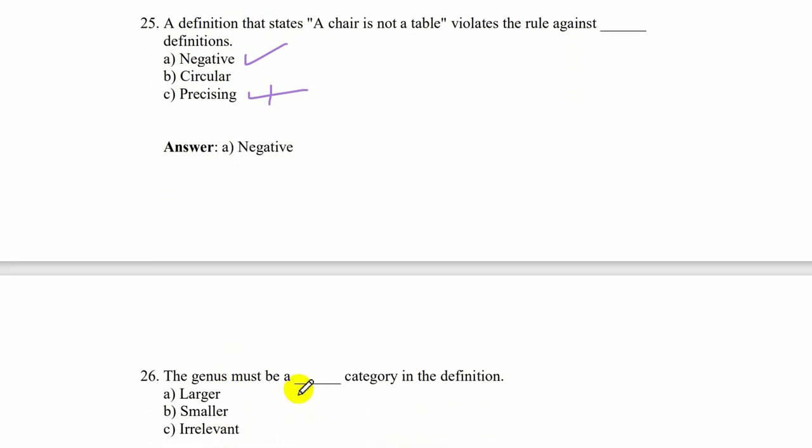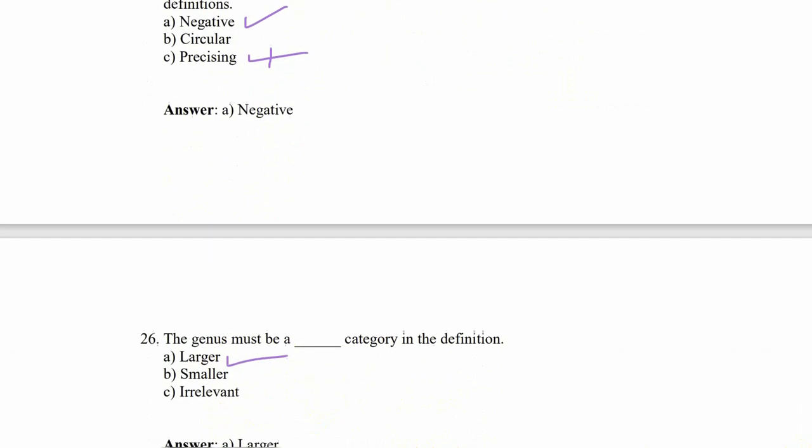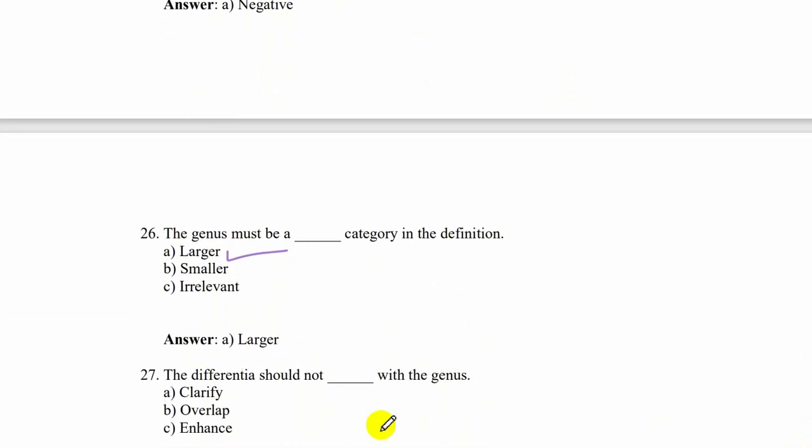The genus must be a larger category in the definition. The differentia should not overlap with the genus.